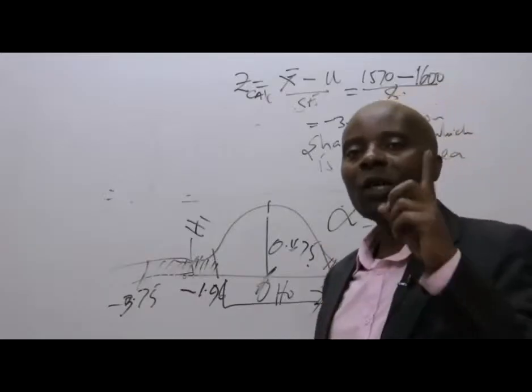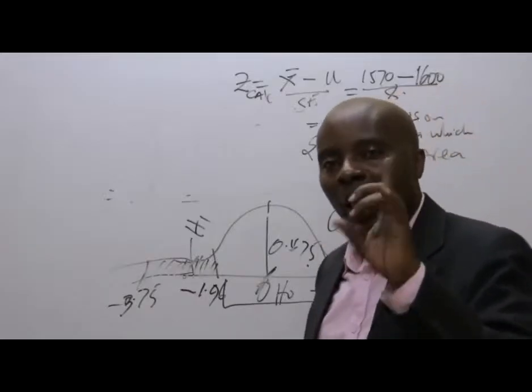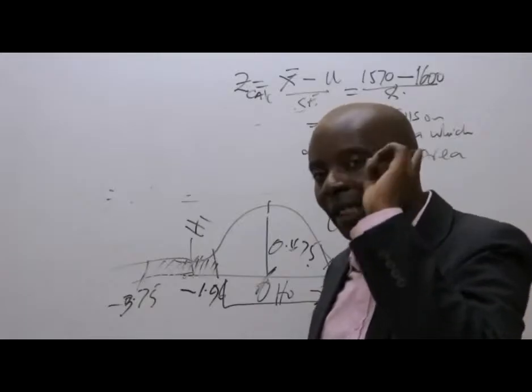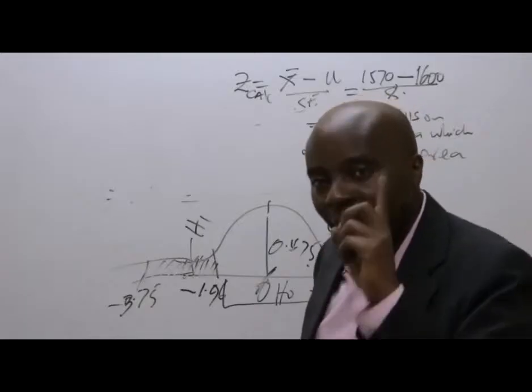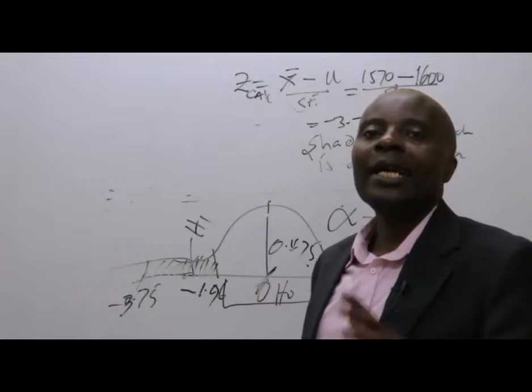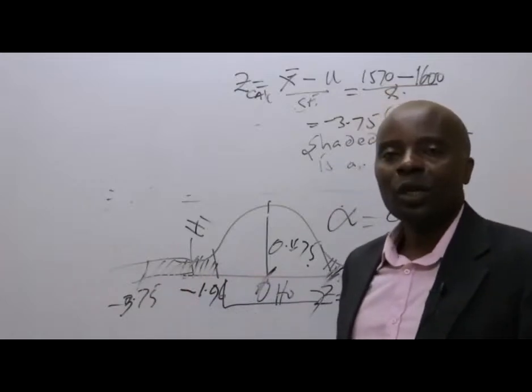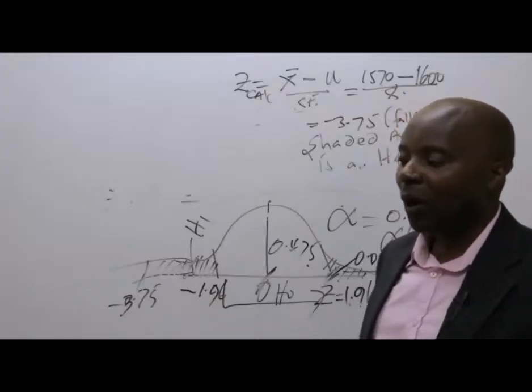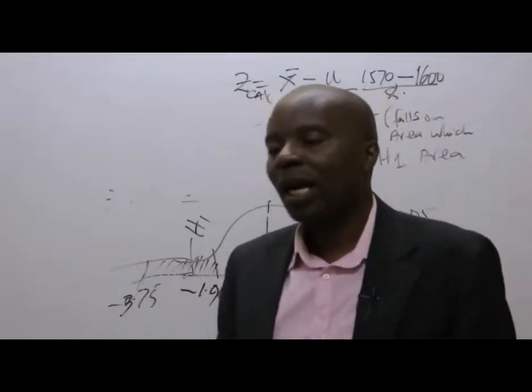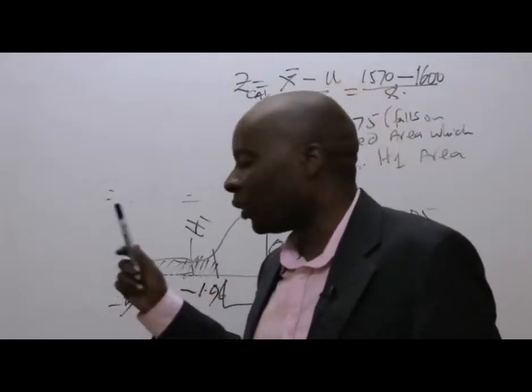That manufacturer who was claiming that his bulbs will stay lighting for 1600 hours has cheated us. Ideally, we expect much fewer hours because it has fallen on the left-hand side.